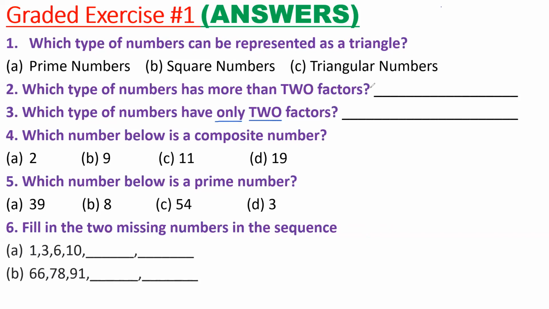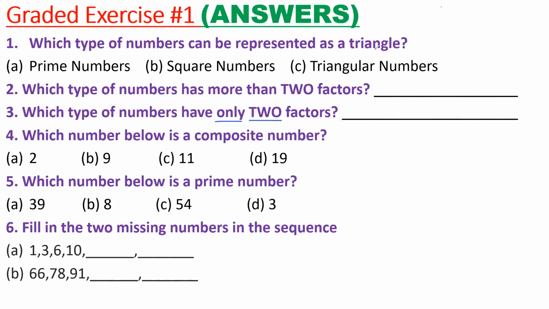I can. Go ahead, Malik. Read the question first. Number 1 reads, which type of numbers can be represented as a triangle? A, prime numbers, B, square numbers, or C, triangular numbers?